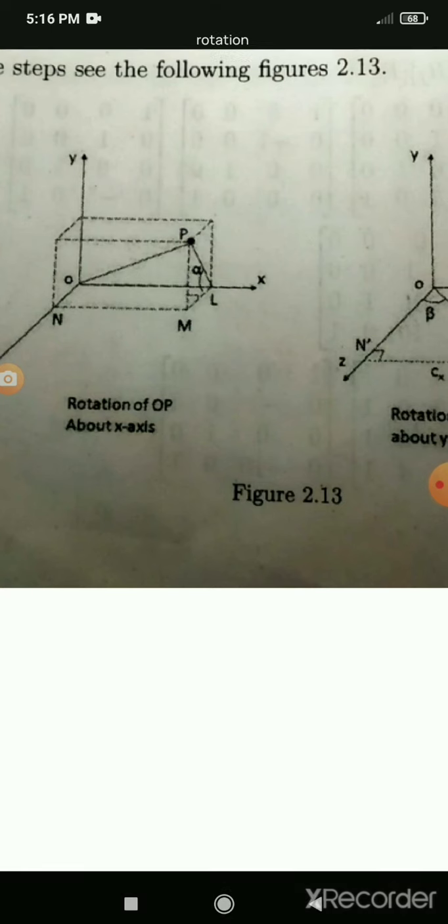In the right angle triangle PML, we have PL square equals PM square plus ML square, that is Cy square plus Cz square. Denote mod of PL equals D. Therefore D equals square root of Cy square plus Cz square.